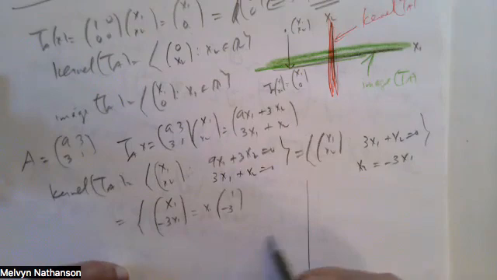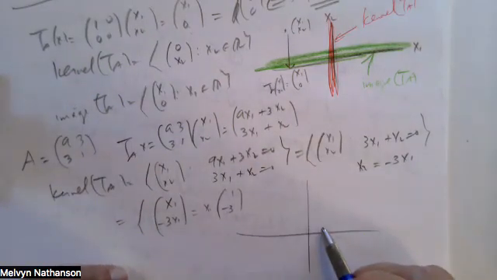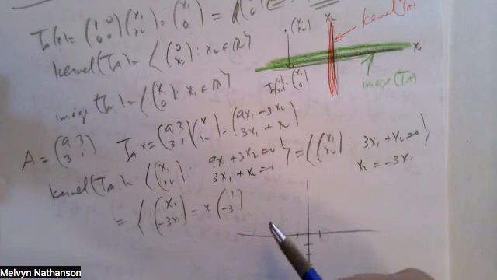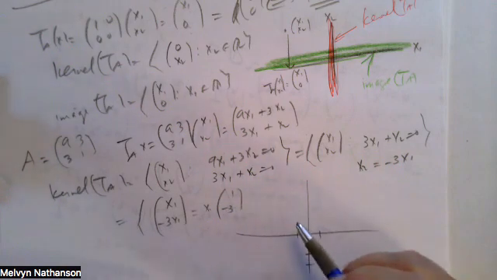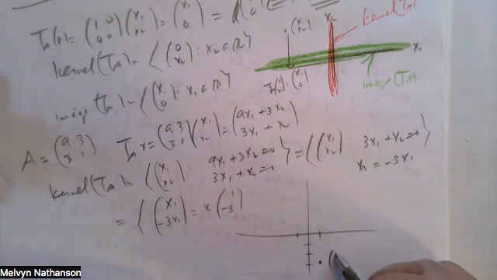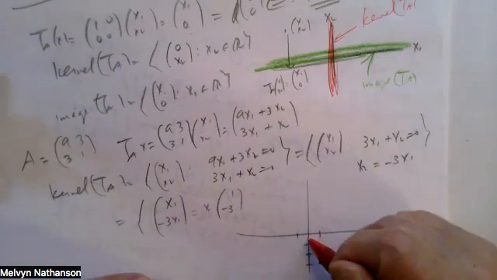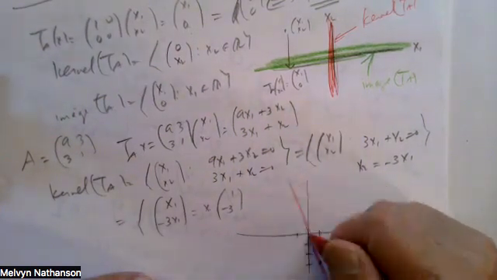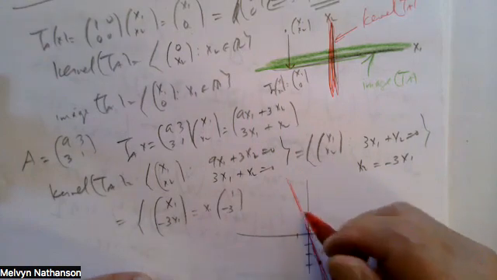So in the plane, this is all scalar multiples of 1, minus 3. That's 1, minus 3, and the set of all scalar multiples of it is just this line through the origin.